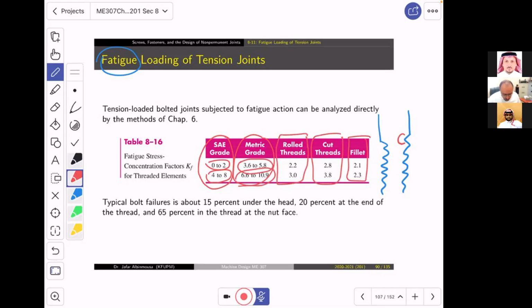Now, what are these? Ya shabab, roll threading is a manufacturing method. I am pretty sure if you just search rolled threading on YouTube, you will find a lot of nice, interesting videos.